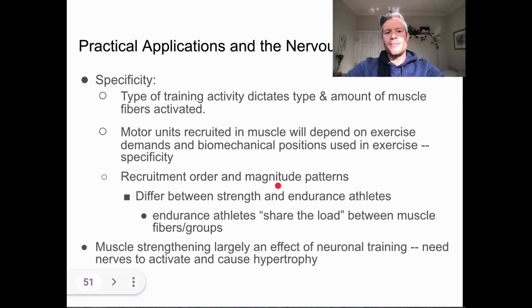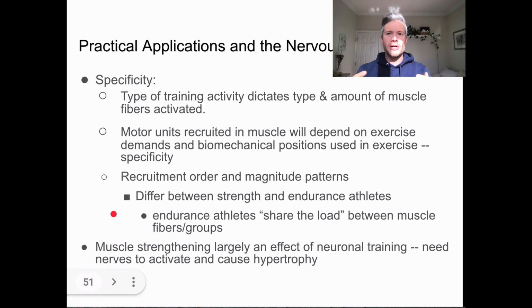So the order and the magnitude of these patterns get trained from our nervous system, both centrally and peripherally. And again, we see that trade-off between strength and endurance athletes, where endurance athletes tend to share the load in their motor recruitment patterns and therefore become more fatigue resistant with their biomechanics, whereas strength trained individuals typically not.